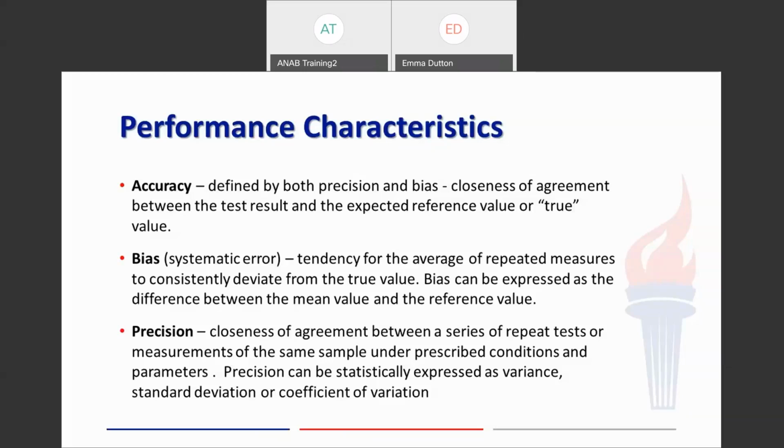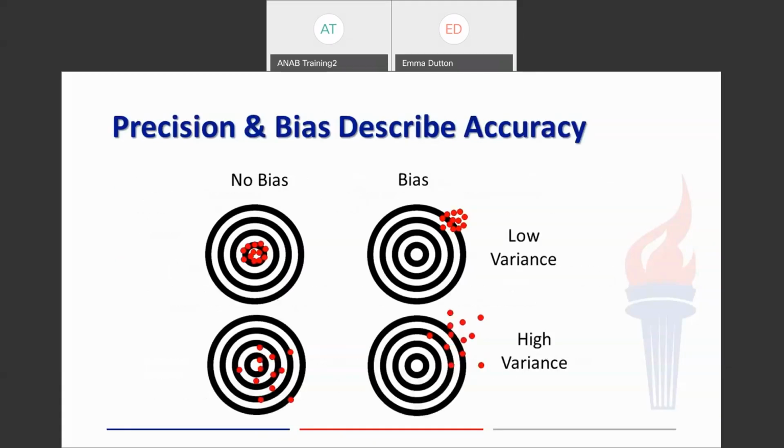Precision, on the other hand, is the closeness of agreement between a series of repeated tests or measurements of the same sample under pre-described conditions and parameters. Precision can be statistically expressed as the variance or the standard deviation or coefficient of variation. And I'm sure most of you have seen the target example of precision and bias that describes accuracy.